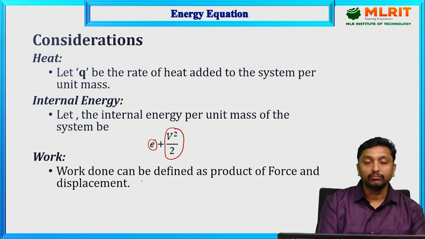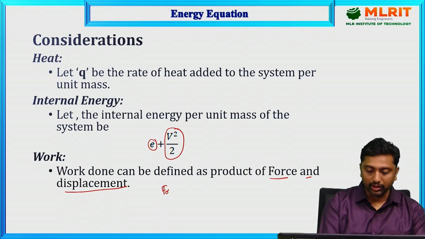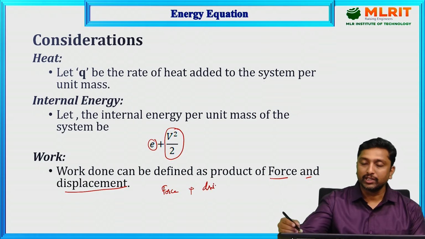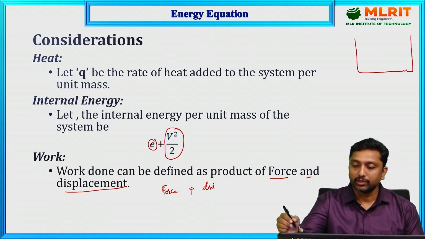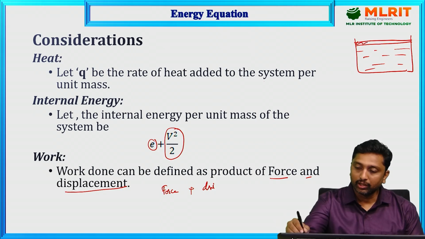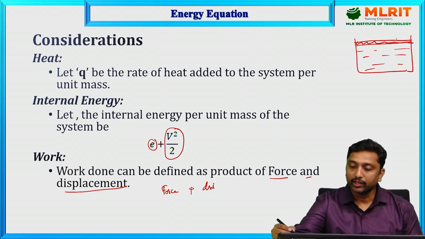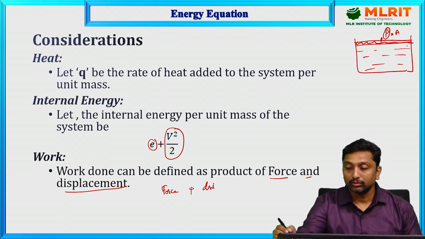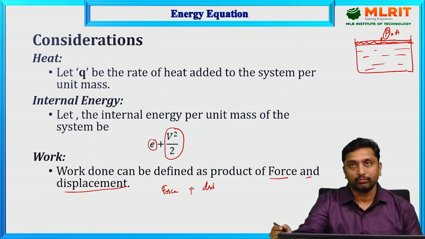Then work done. Work done can be defined as a product of force and the displacement. So here we need to consider the forces which are acting in the system and the displacement they cause. For example, in the case of a piston, the work done by the gases can be predicted using P, the pressure inside, into the area of the piston which is exposed to the vapor or gases.